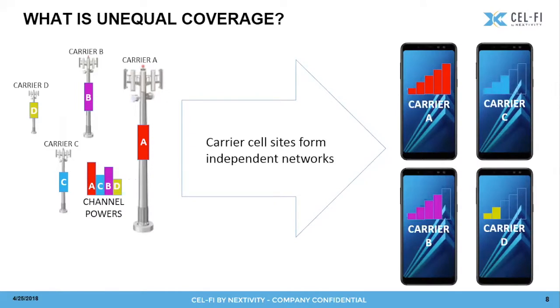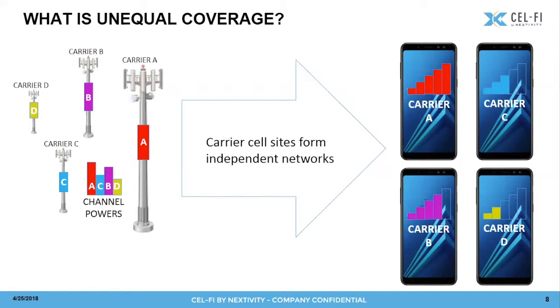Now let's get into the problem of unequal coverage. What is it, first of all? You can imagine that if you're standing on top of a building with a bunch of your friends and everybody has a handset from a different carrier, in this case carrier A, B, C, and D, everybody's going to get a different service quality, number of bars on their phones, and that's because the carrier networks are independent from each other.